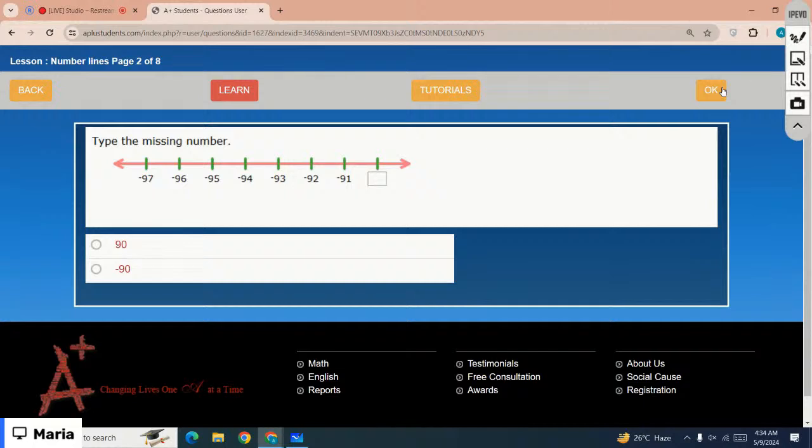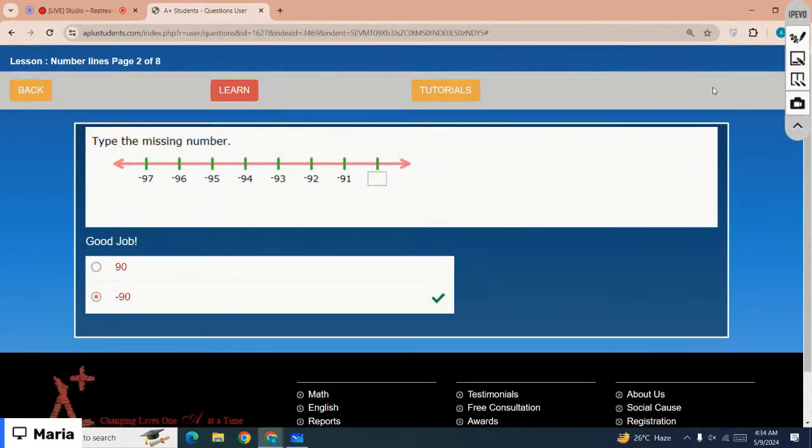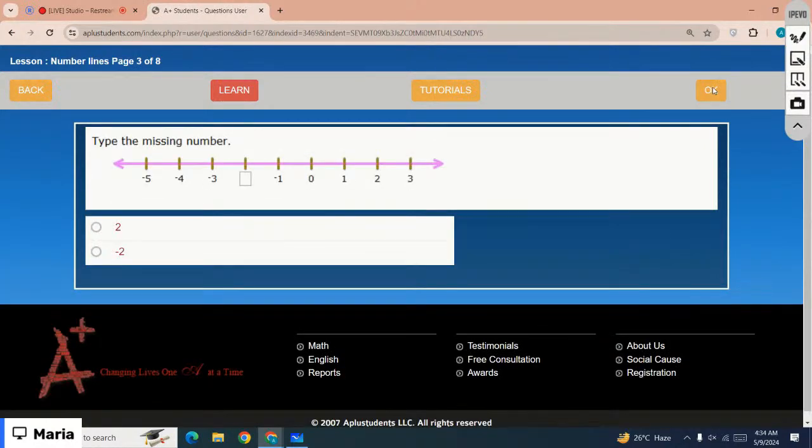So which number is missing? Negative 90 it is. That is negative 2.